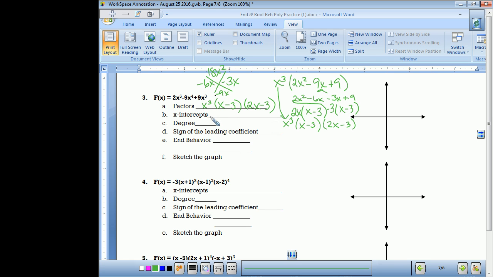Alright, so this one gives me an x-intercept at 0. This one gives me an x-intercept at 3. And what do I do to find the x-intercept for the factor 2x minus 3? Can we set it equal to 0 and solve? Yep, we sure can.